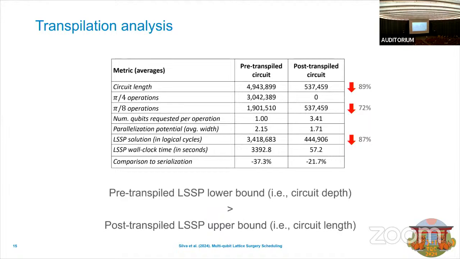So for the set of circuits that we tested, regardless of parallelizing operations or not, we can achieve fewer logical cycles for the post-transpiled circuit than parallelizing everything as much as possible in the pre-transpiled circuit. This is the main takeaway here. All right, fantastic. Thank you.